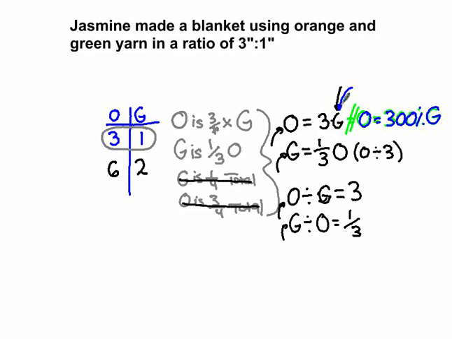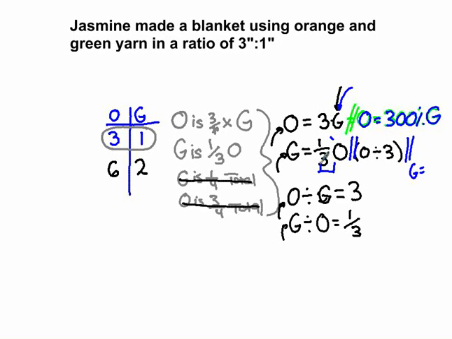I could also represent this in a lot of different ways as well. I could, of course, say G equals 1/3 of O, because in that 1 to 3 ratio, it's O divided by 3. I could also say green equals, and we could find what this 1/3 is as a decimal.